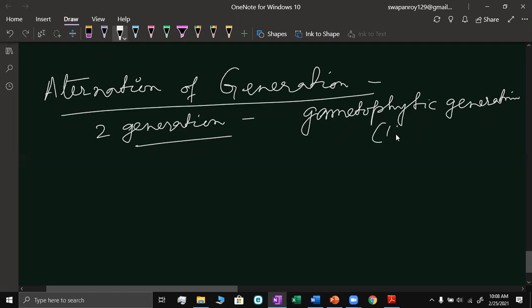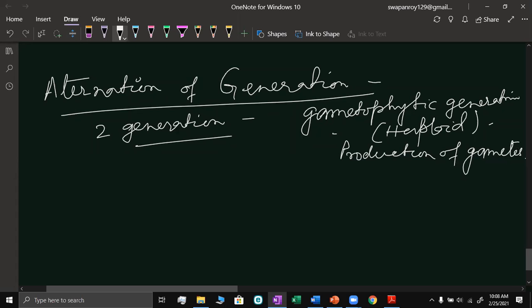This one is always haploid, and it is related to the production of gametes. Another generation is the sporophytic generation.